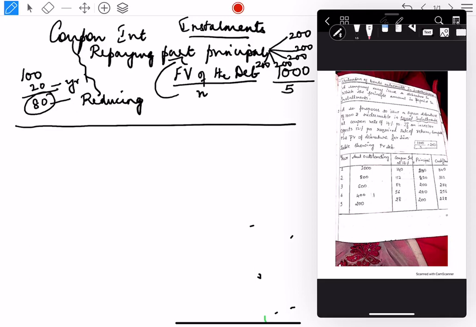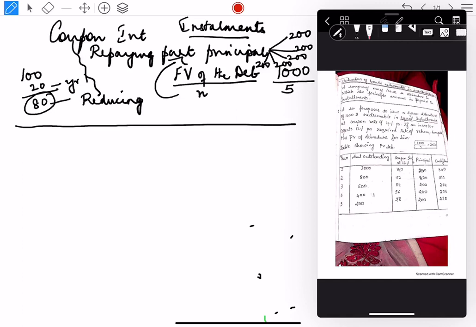Now, when you talk of the coupon interest, in the previous problems I have already told you that coupon interest is calculated on the par value or the face value. So 1000 rupees at the rate of 14% would be 140.